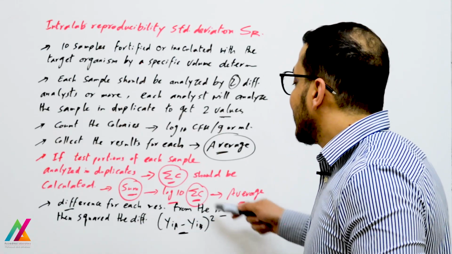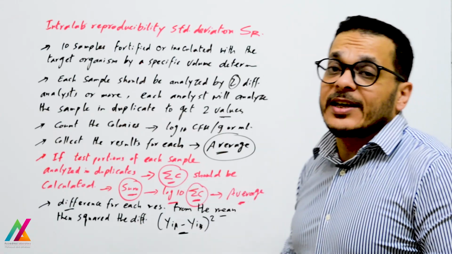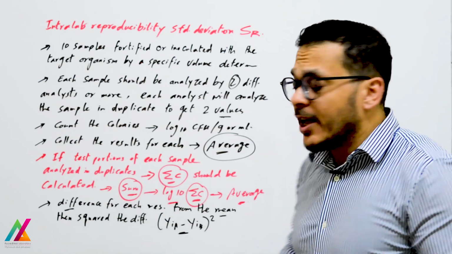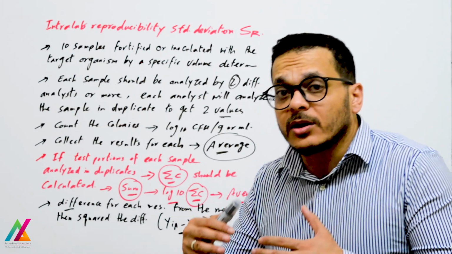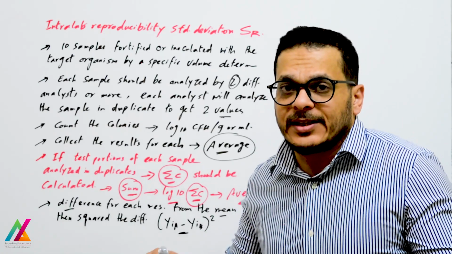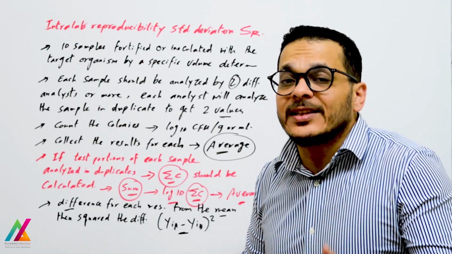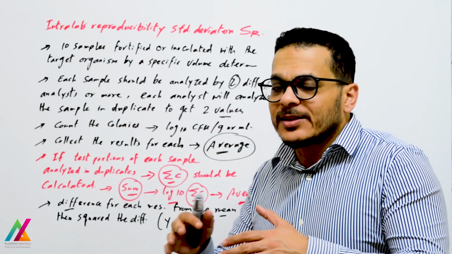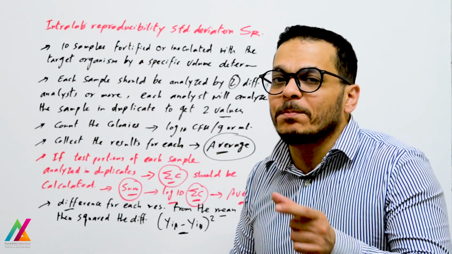Then square the difference as you found in the equation. And after that there are many other calculations to get at the end the combined and then expanded uncertainty, and that will be explained in detail, step by step.